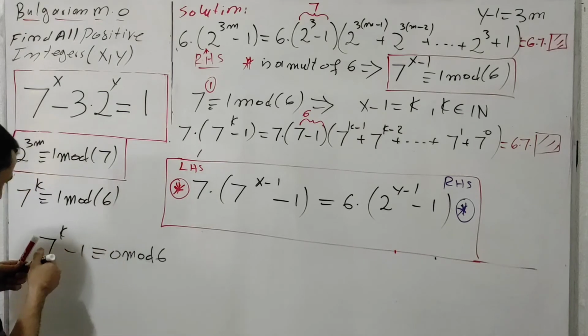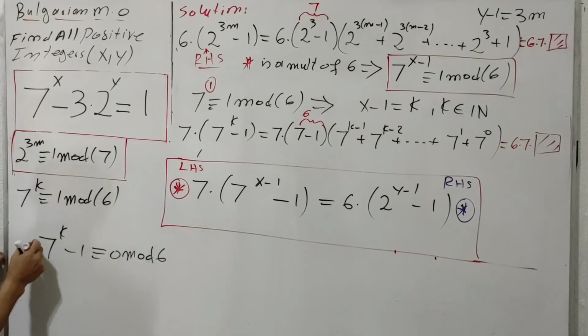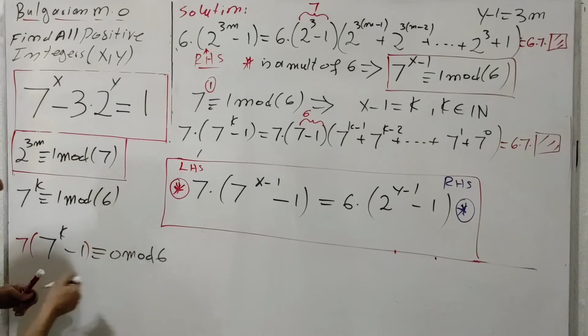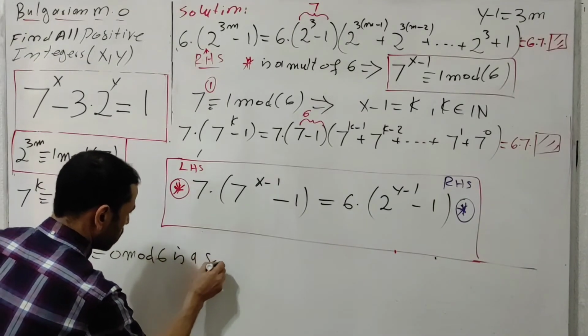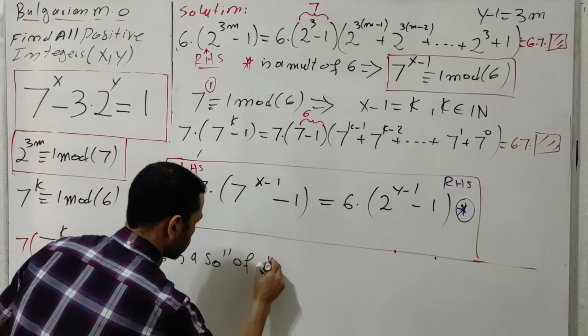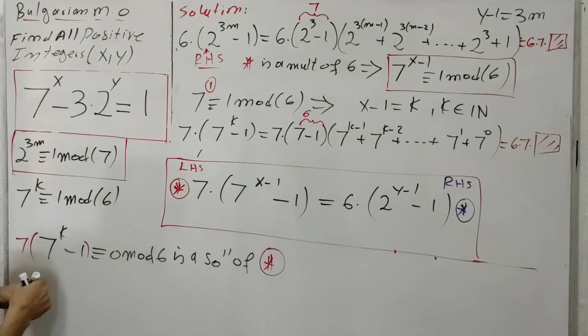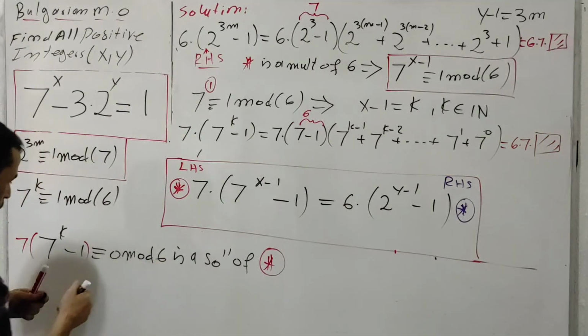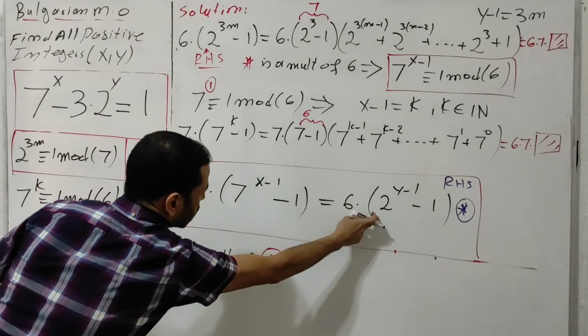Now I'm going to multiply both sides by 7. This one is a solution of the left hand side of this equation, with mod 6. I'm going to work on the right hand side of this equation.